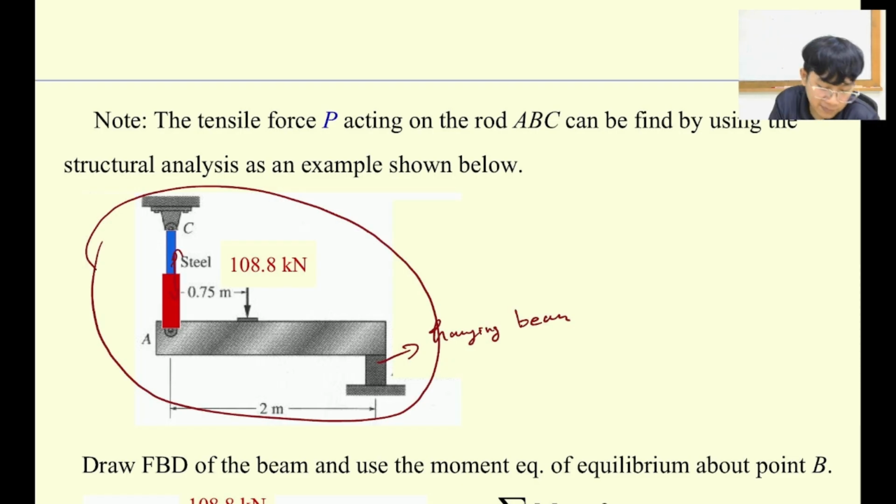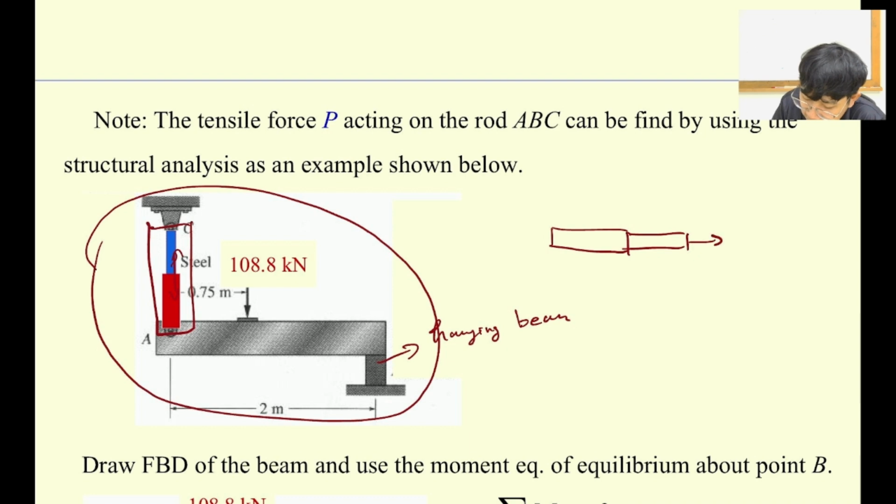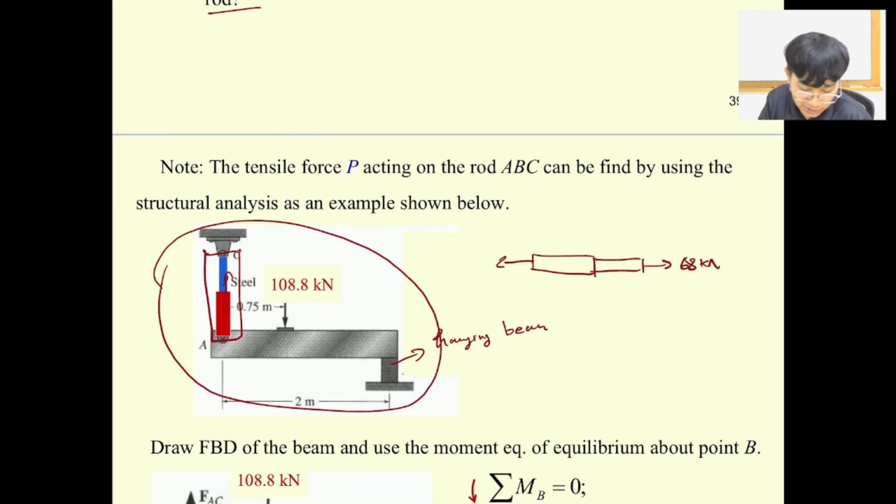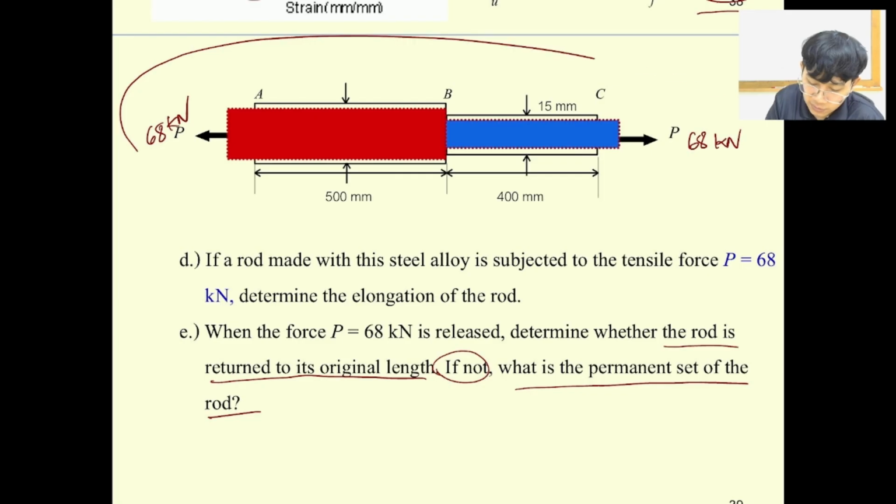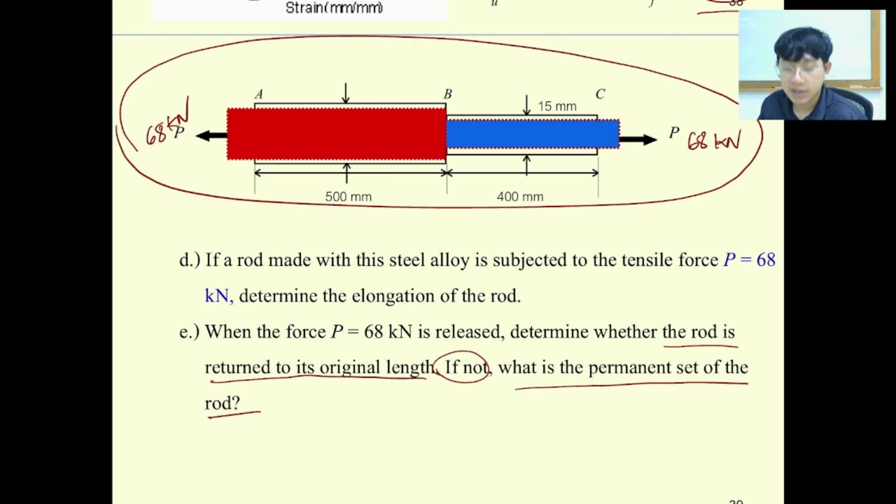So that's why we just cut the small portion over here and then rotate it into a rod shape like this, and then put 68 kilonewton for you. Otherwise, it's going to take really long, whether in the examination or in the teaching class. So we cannot cover it within 2 hours. So that's why we just cut and then give you this problem directly. Okay.